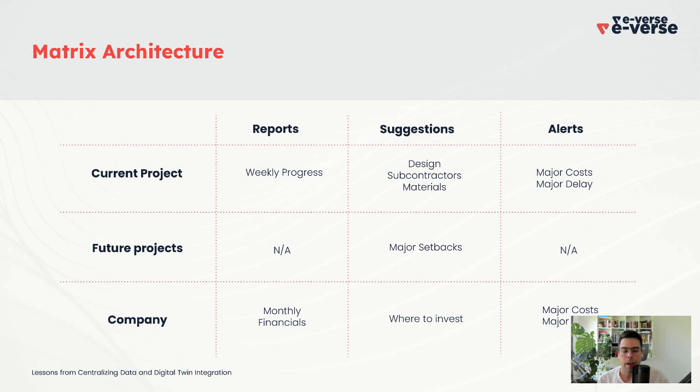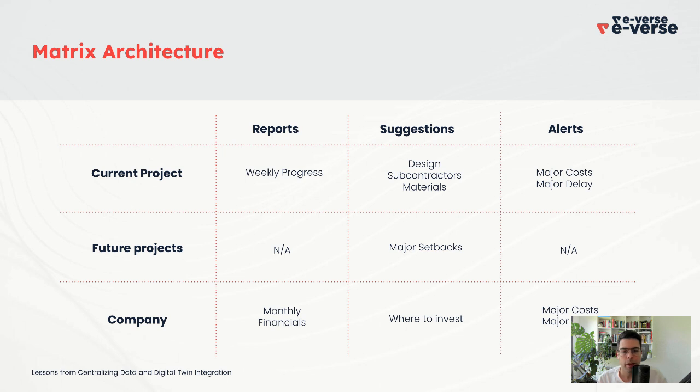Then we just made a matrix on how often we were going to do this and the scale. For example, for reports, we were going to send weekly progress reports through Power BI. We don't need reports for future projects, but the company wanted financials as reports.